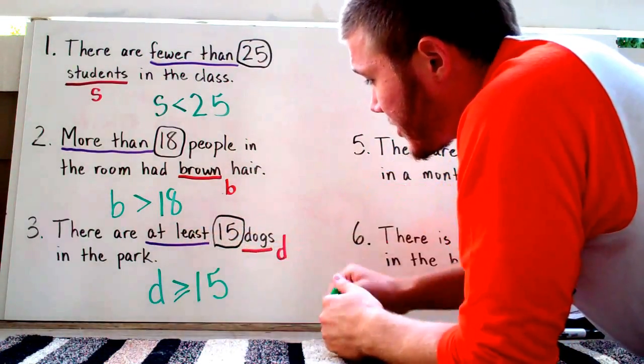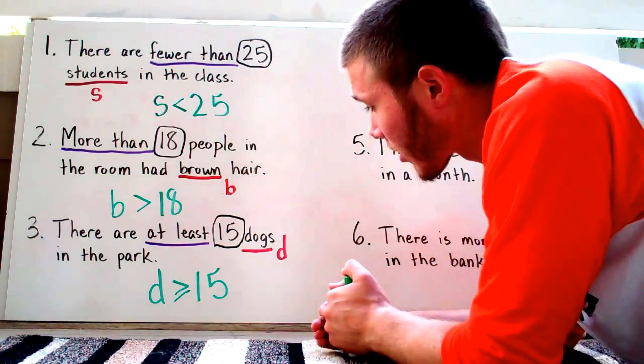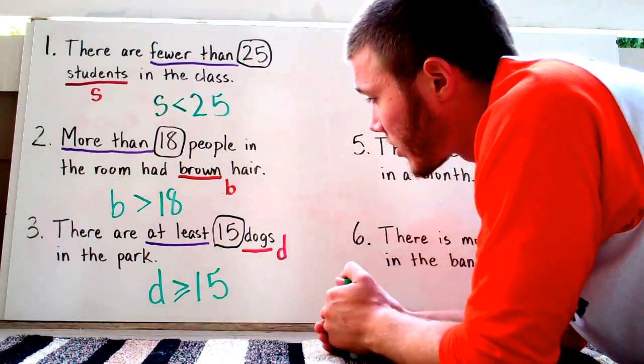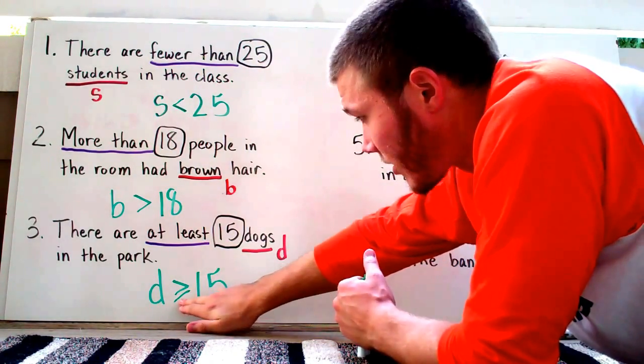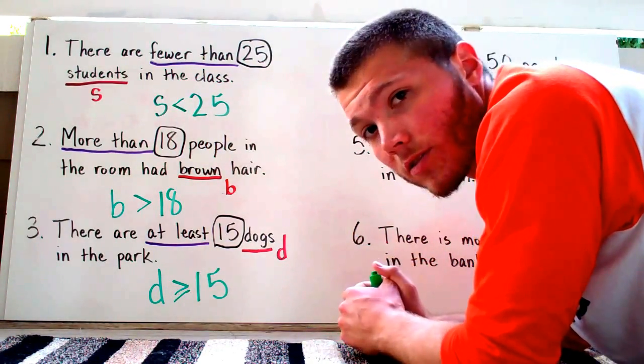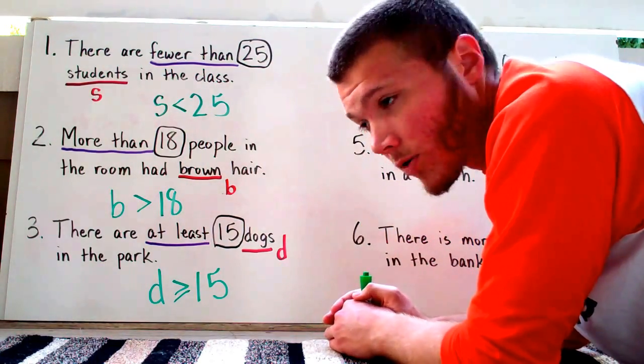Because at least 15 means that 15 is a possible solution for the number of dogs in the park. So when I write my inequality, you have to make sure you have that or equal to sign underneath the gator mouth. And then again, I use that number in the inequality when I wrote it.